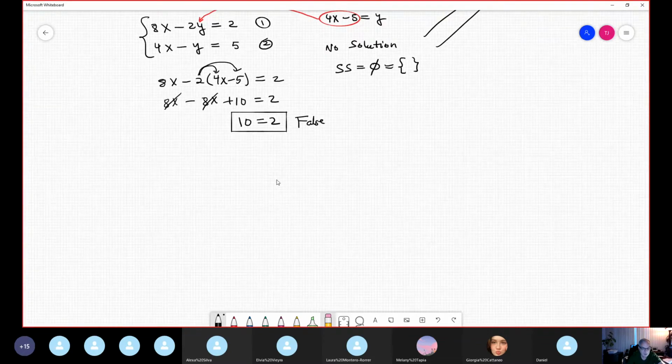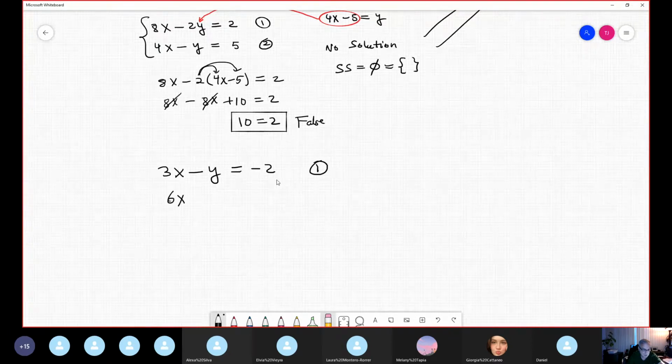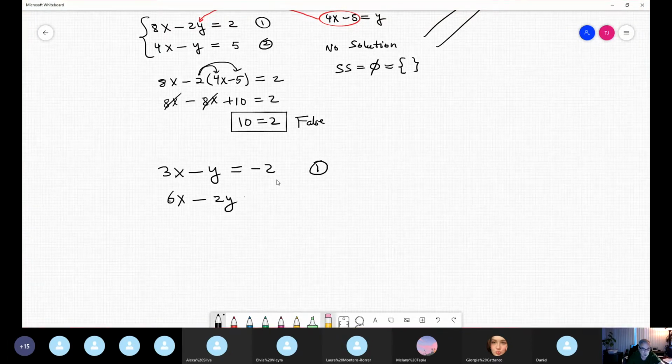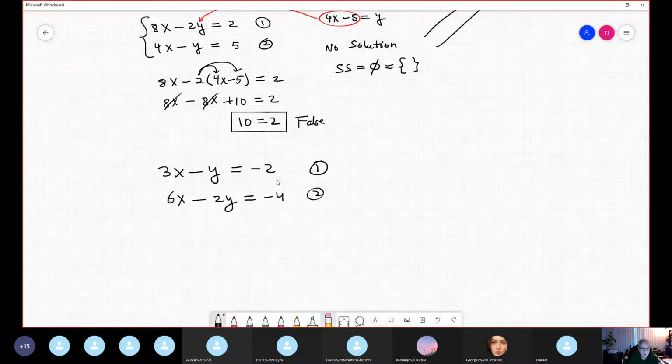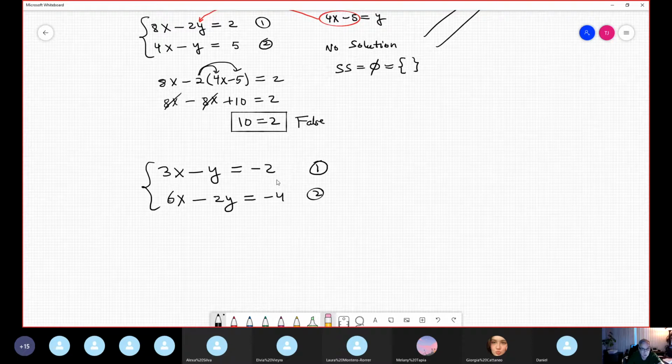Now, the third example is similar. 3x minus y equal minus 2, equation 1. 6x minus 2y equal negative 4. That's equation 2. This is our third example. And in this third example, I see, fantastic, one here.